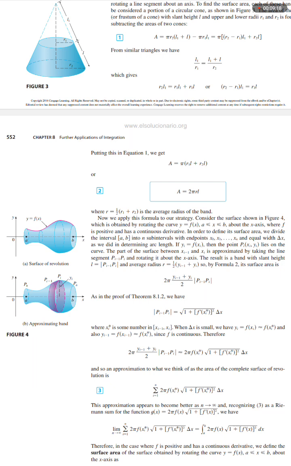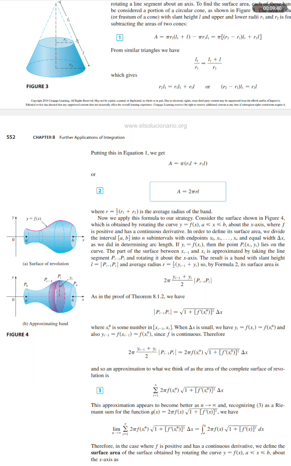The result is a band with slant height L equal to the absolute value of P sub i minus 1 P sub i, and average radius R equals 1/2 (y sub i minus 1 plus y sub i).